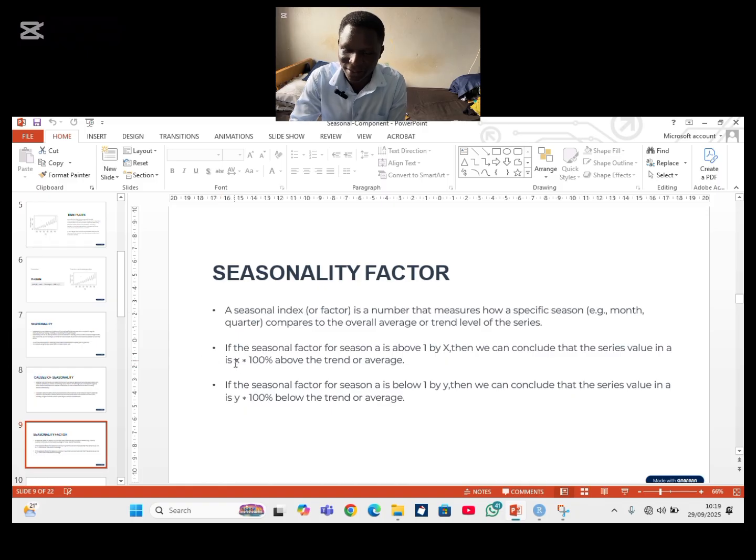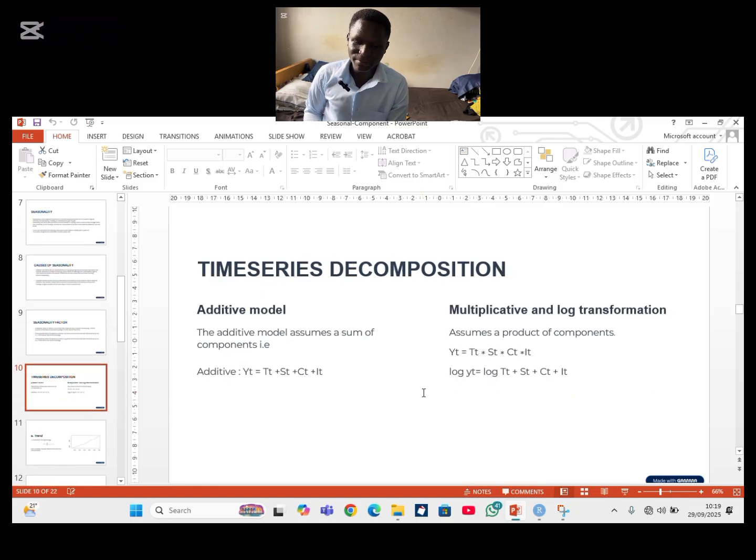And that's why they are multiplying that x by 100%. And that's the same thing with y here. That's the difference between your this one here and your seasonality factor. And you conclude that the series value is y times 100% below the trend value or average. Yes, I hope that's clear.